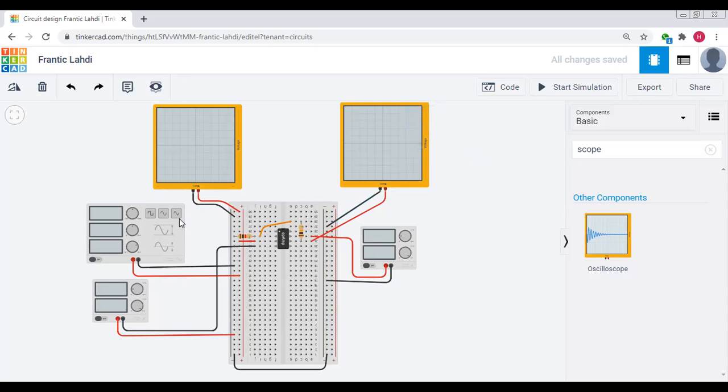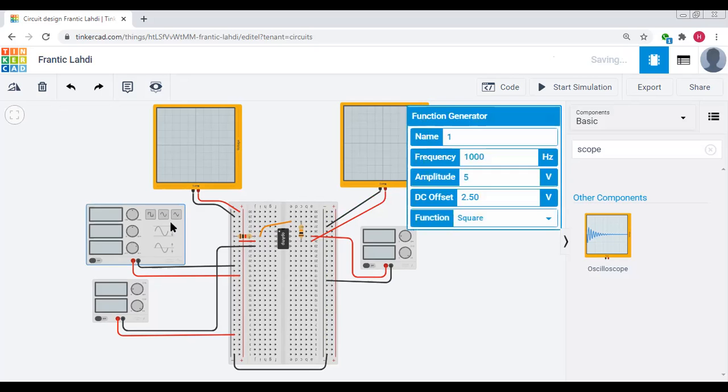Right? So now, as our circuit is complete, in order to set the parameters, you may set the amplitude of the function generator from point 10, and the DC offset voltage to point 50.